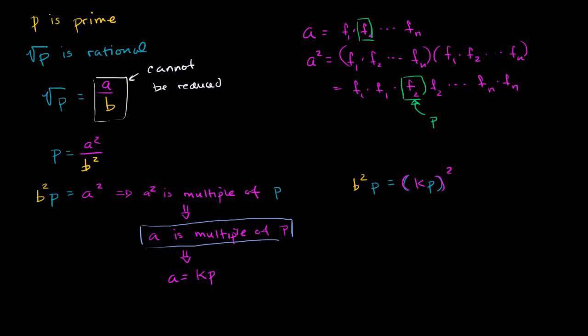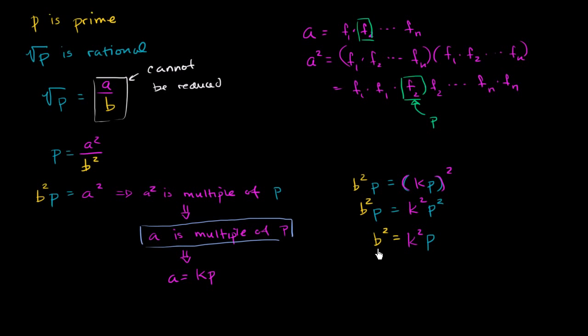And so if we were to multiply this out, we get b squared times p, and you probably see where this is going, is equal to k squared times p squared. We could divide both sides by p, and we get b squared is equal to k squared times p. Well, the same argument that we used, if a squared is equal to b squared times p, that let us know that a squared is a multiple of p.